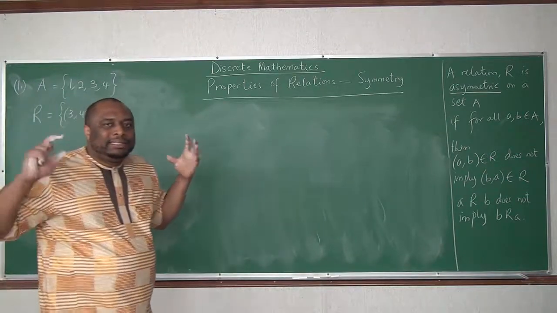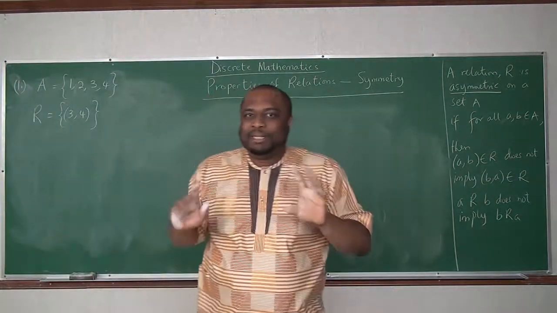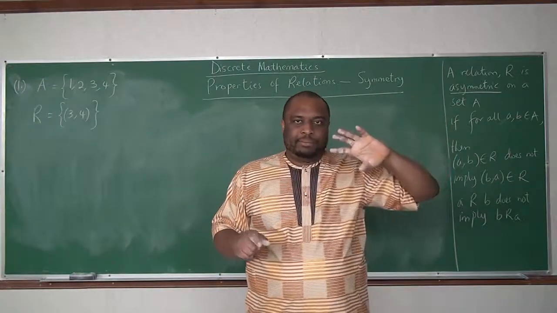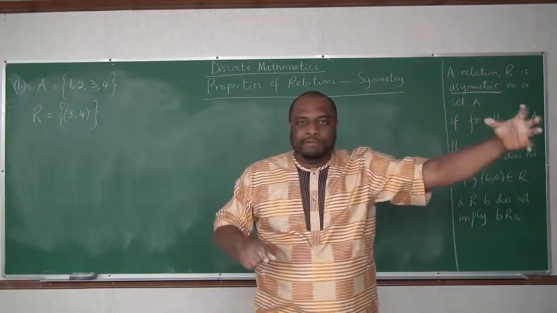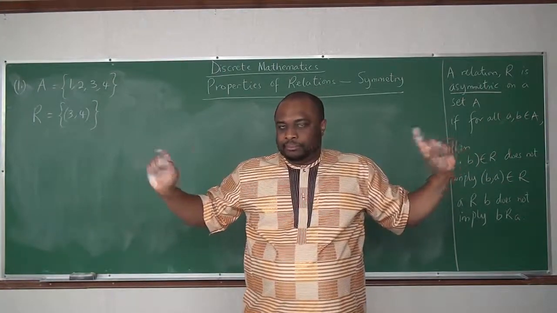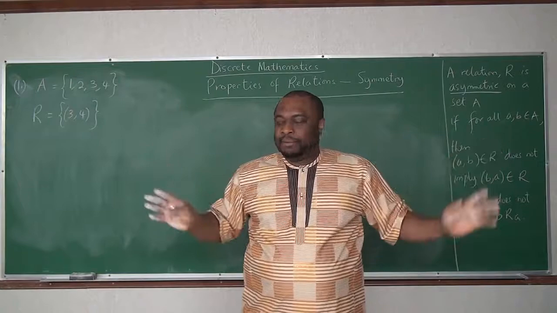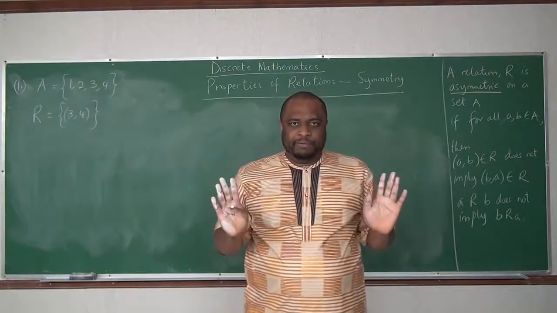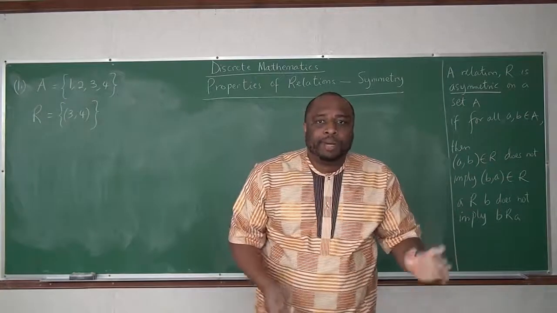With symmetric, anytime you have (3, 4), you've got to have (4, 3). Other half, identical half. But here you have (3, 4) and you don't have (4, 3).